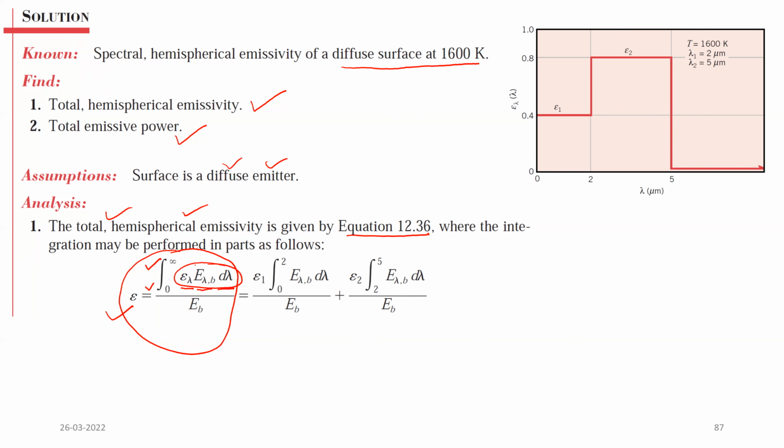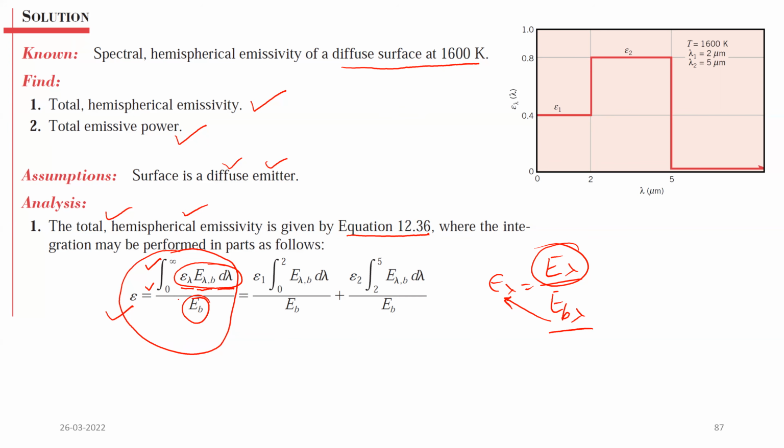Because you know that E lambda by E lambda b is equal to epsilon lambda. So if I have to calculate the value of E lambda, that would be equal to epsilon lambda into E lambda b. And when we integrate it over the total range of wavelength, we get the value of the emissivity, with the condition that we divide by E b.